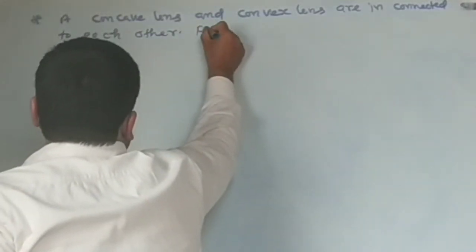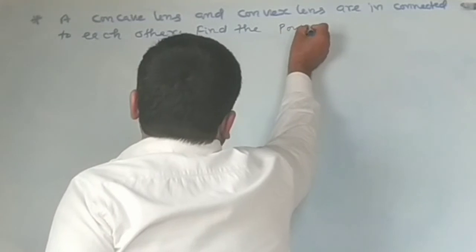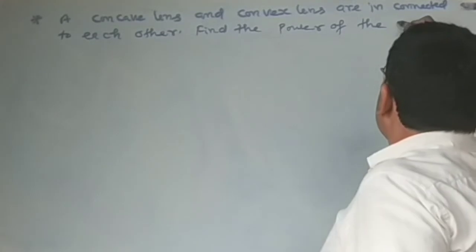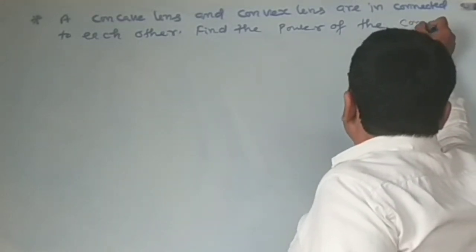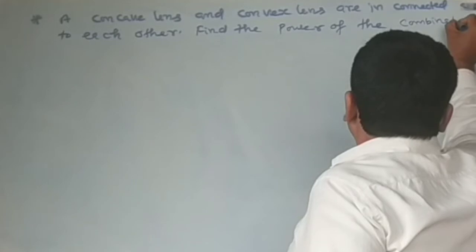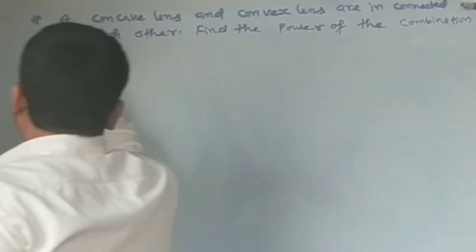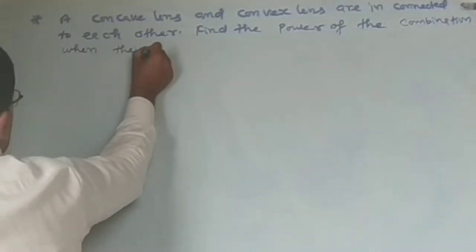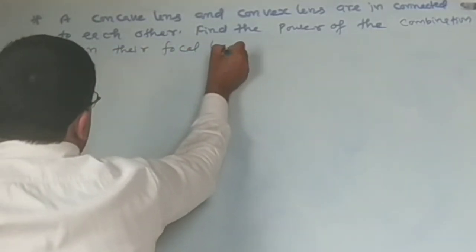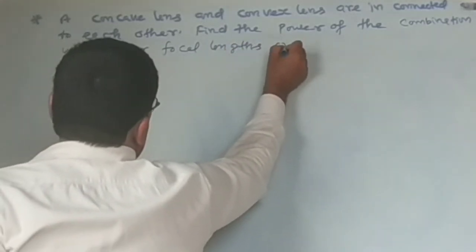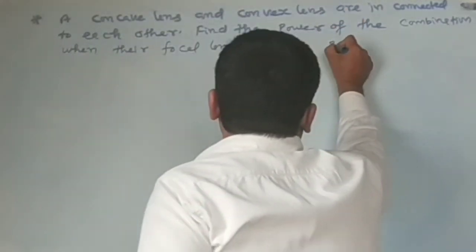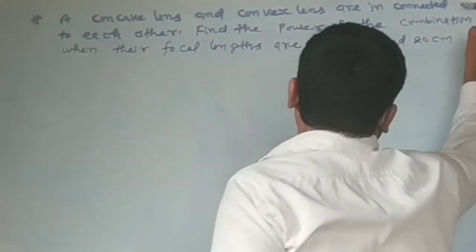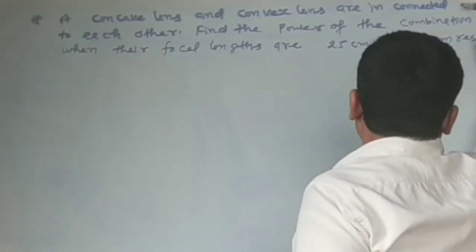Find the power of the combination when their focal lengths are 25 centimeter and 20 centimeter respectively.